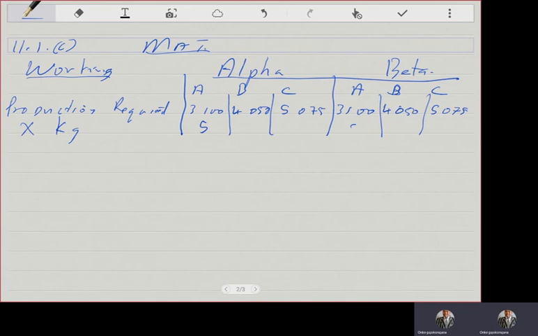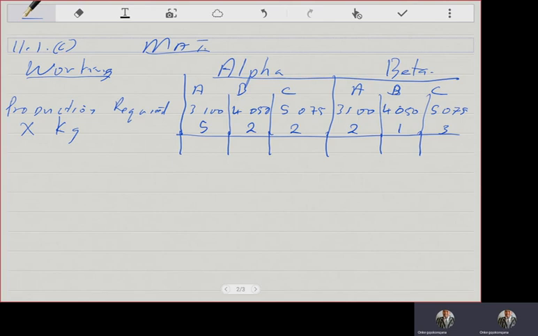Then for product B, out of alpha we need 2 kilograms, and on beta it is only 1 kilogram. Then for product C, it is 2 this side and 3. I hope you do follow what I'm doing.